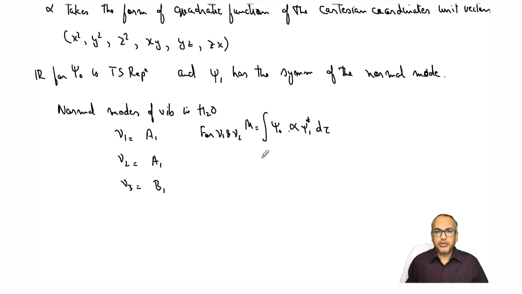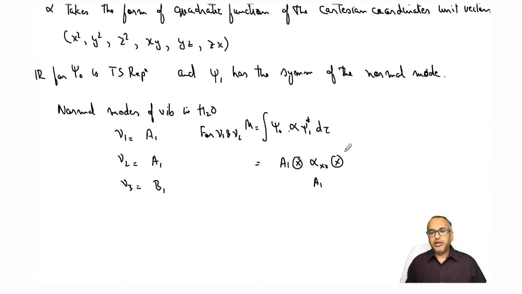Now psi 0 is A1, and you have to find which alpha will form a direct product with psi 1. If I take alpha xx, that is basically A1.